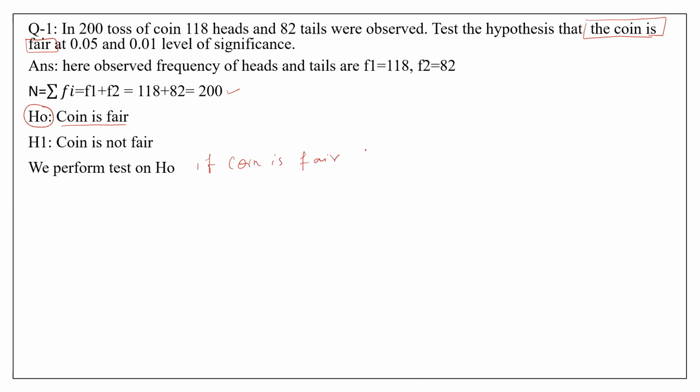Then if you toss the coin one time, the probability of getting head is 1 by 2, and your probability of getting tail is also half. So you have an equal chance of getting head and tail if the coin is fair, because you are doing the test on the null hypothesis.